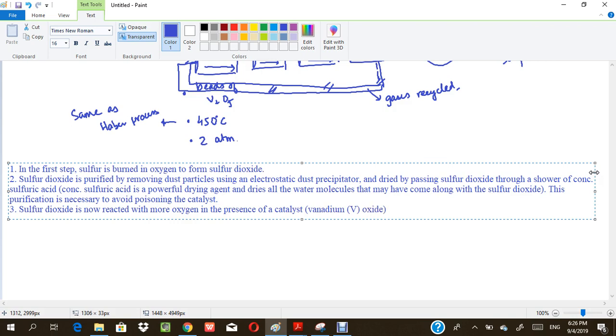The formula is given above. V2O5 is the formula. Right, sulfur dioxide is now reacted with more oxygen in the presence of a catalyst at 450 degrees Celsius and 2 atmospheric pressure.